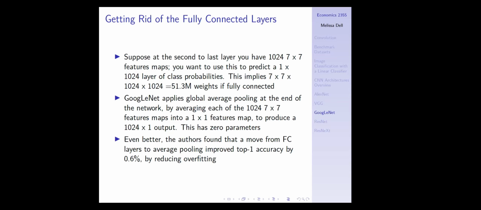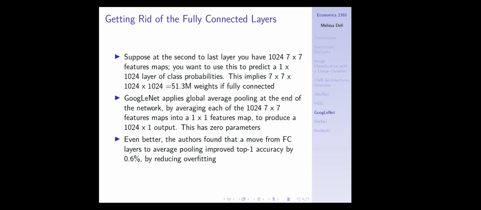Then you have your vector, and you could apply softmax or something on top of that, which we'll talk about next class to get your probabilities. So by doing this, you get rid of 51.3 million parameters, which would take a huge amount of memory to estimate. In terms of saving you parameters, this is huge.